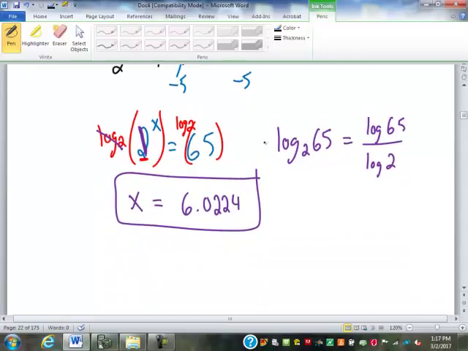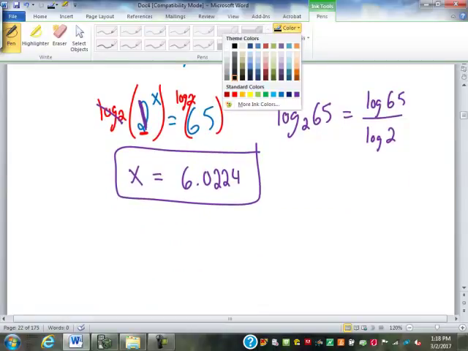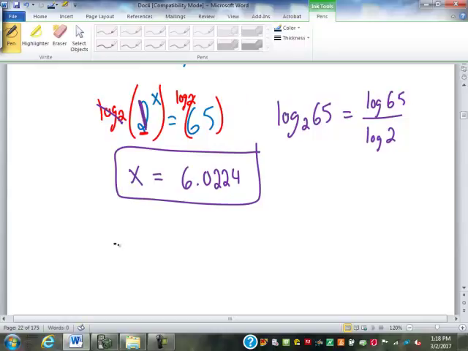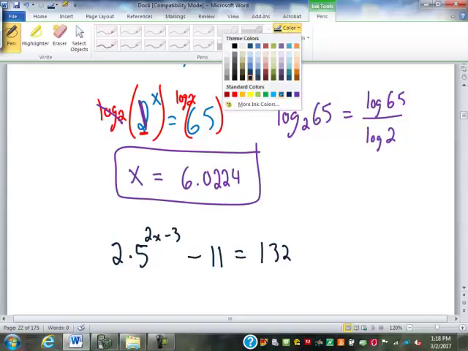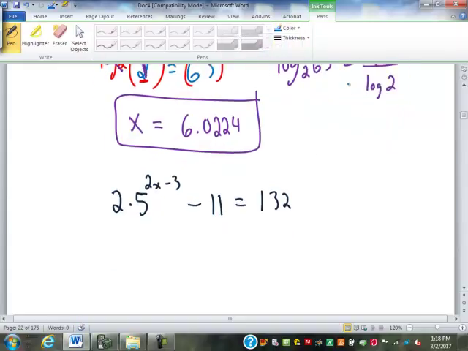So I can get really carried away if I want to. Two times 5 to the power of 2x minus 3 minus 11 equals 132. Well, talk me through this.